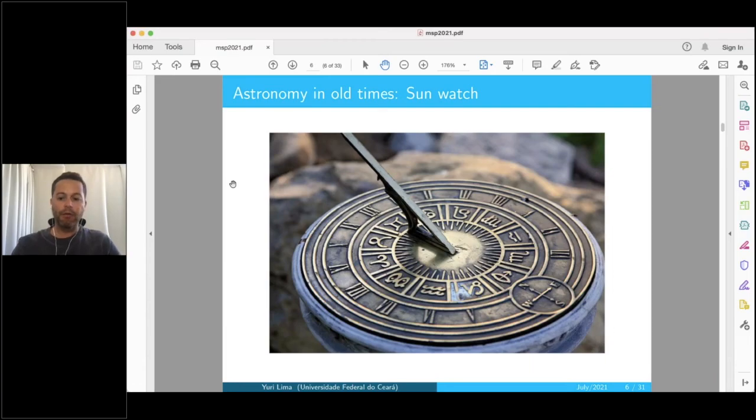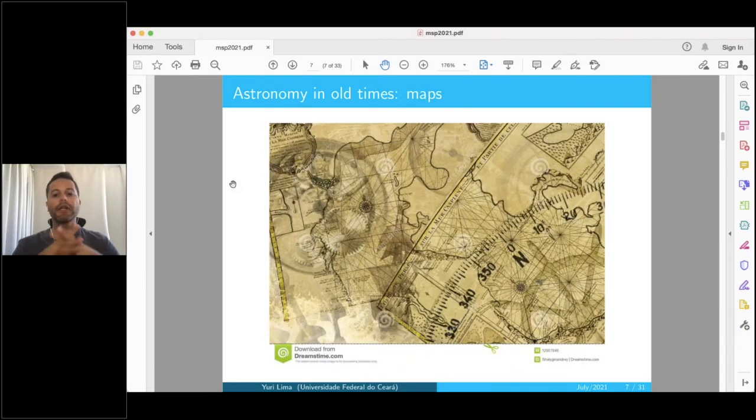Okay, well, I'm actually going to give you a fourth example of how astronomy was important even in old times, but not so old, and this is related to the creation of maps.